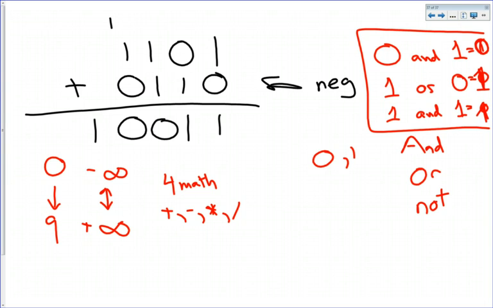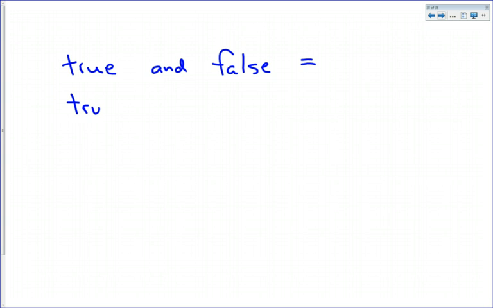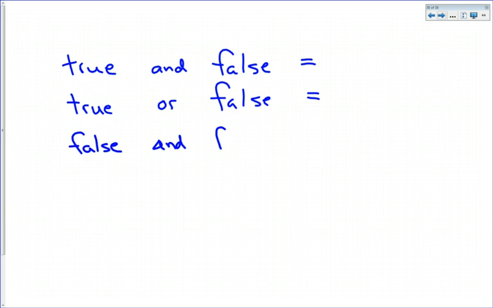Or 1. Okay, let's try it again. You guys disappointed me a little bit. Let's try writing it instead of 0, 1. We'll write it this way. True and false equals, true or false equals, false and false equals.